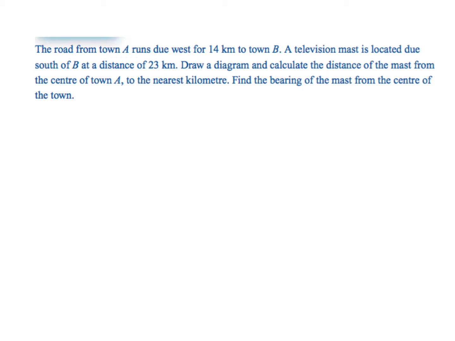So the road from town A runs due west for 14 kilometers. So what you do is you have a starting point. So I'm just going to start my point, and this is town A. And when you get these bearing questions, it's always good to draw a faint little compass on your starting point, and on each point really.